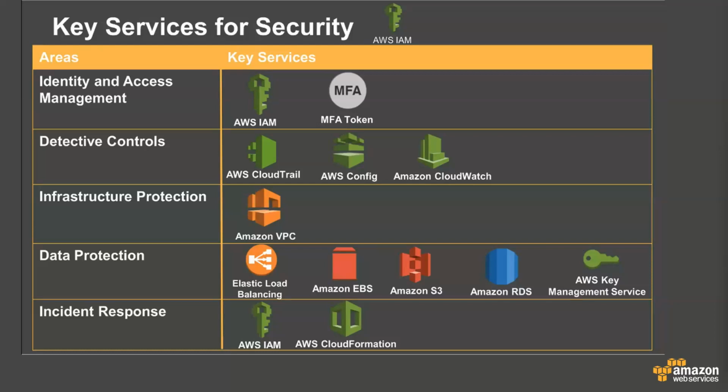Under this, the main service that you're going to use for securing our users, giving just enough access to our users, and implementing the principle of least privilege is AWS IAM. At this point, you understand what AWS IAM is. This is an identity and access management tool that enables you to give access to your users. We can leverage IAM groups to give access to a large number of people.